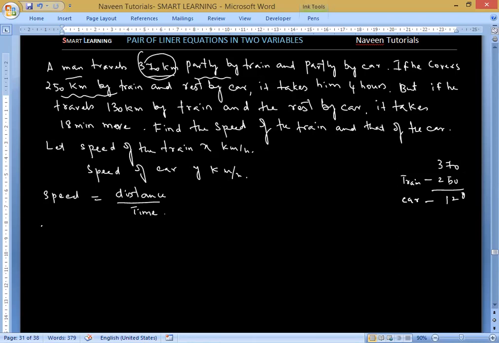In this case, the distance for the train is 250. But the speed we don't know, right? So what I'll do is I'll interchange here. Then it becomes time is equal to distance by speed.